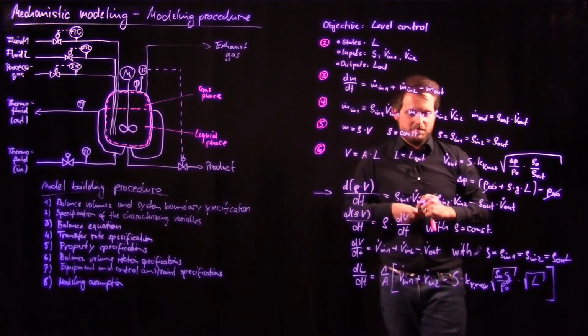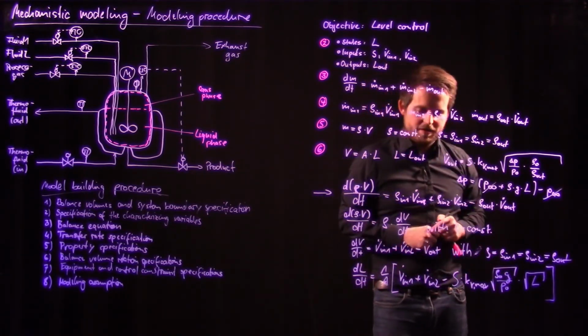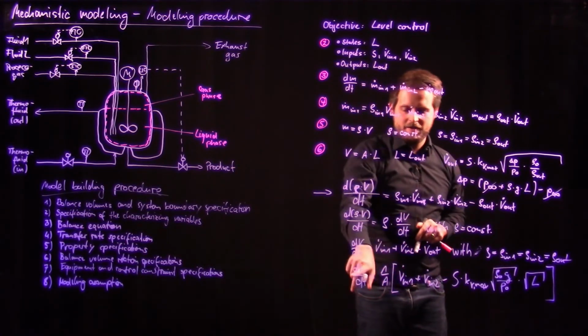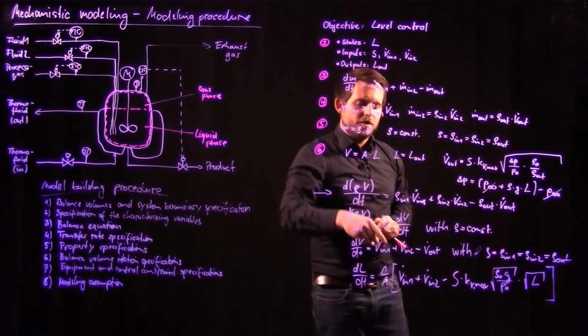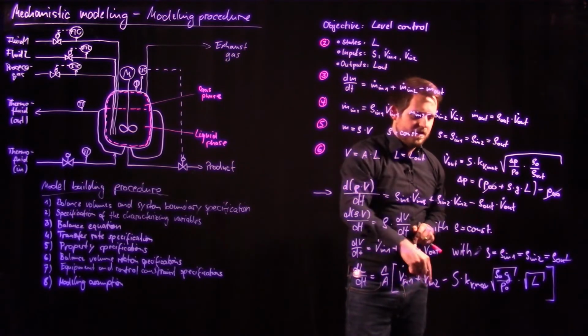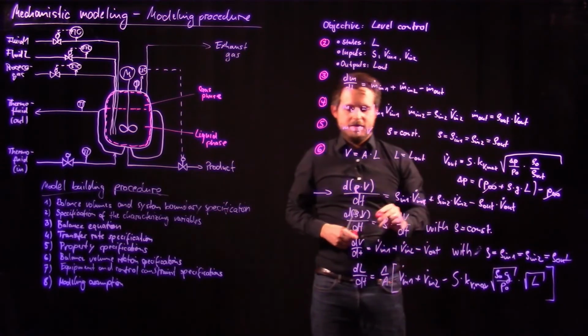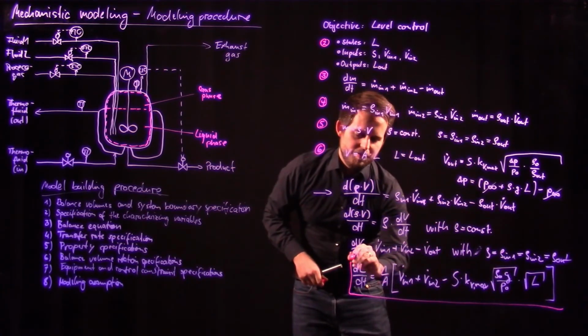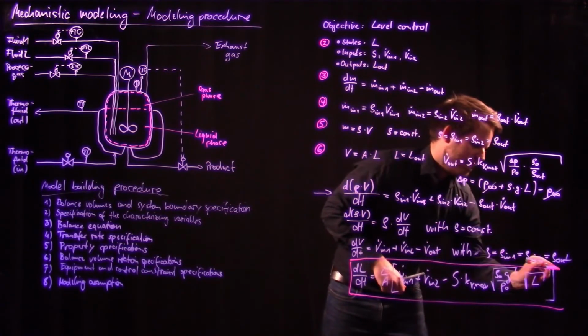By that, you get a differential equation which relates your control input for the valve to the state you want to control. You also have the disturbances in there, and this will help you to study this control loop and also to design the control loop.